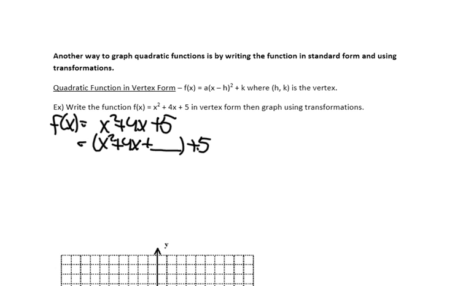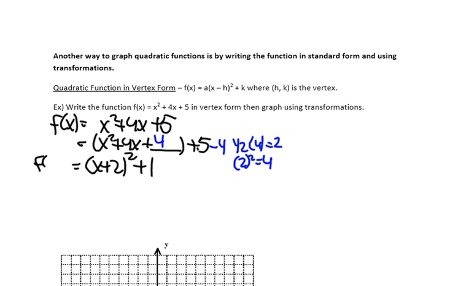So remember, in order to complete the square, I'm going to do what? Half of 4, which is 2, and 2 squared is equal to 4. So I'm going to add 4 and subtract 4 here. Now, this factors as (x + 2)^2, and then 5 minus 4 is a positive 1. Now I'm in vertex form.